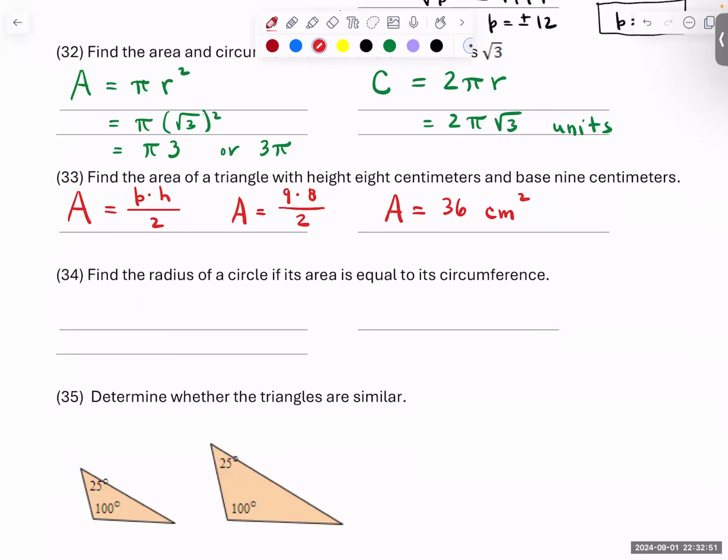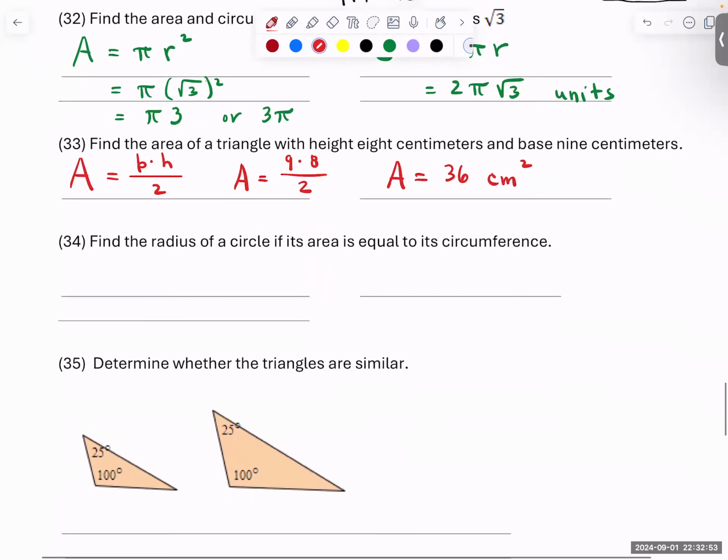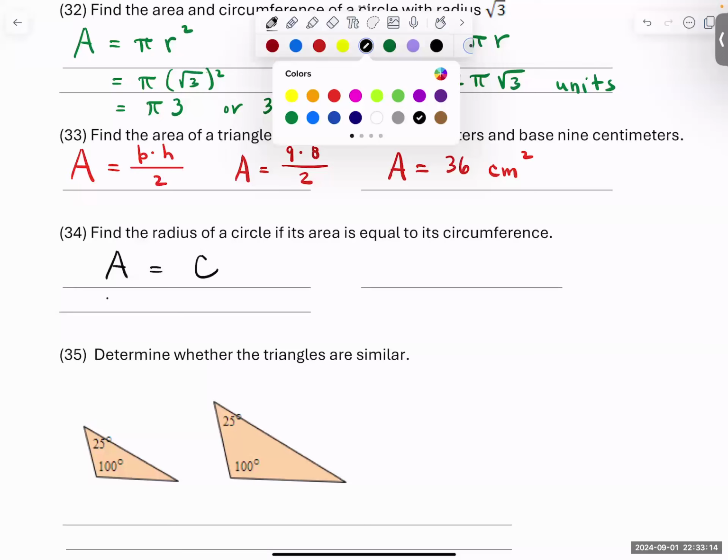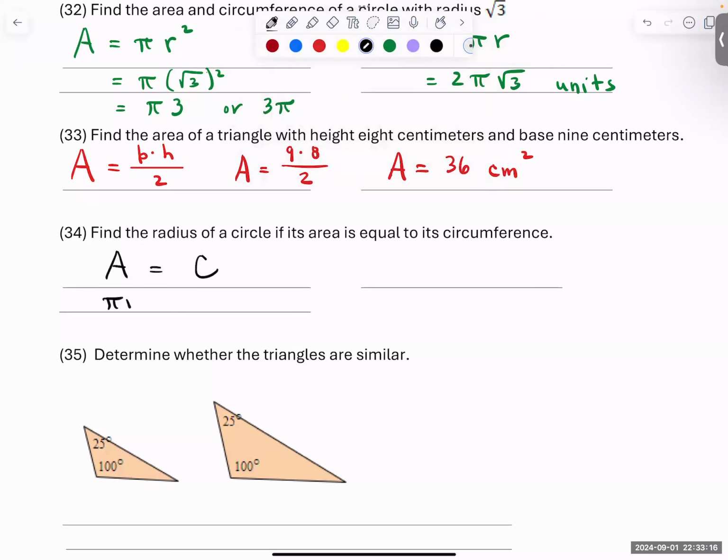Find the radius of a circle if its area is equal to its circumference. So if the area of a circle is equal to its circumference, and formula for area of a circle is pi r squared, that is equal to 2 pi r.